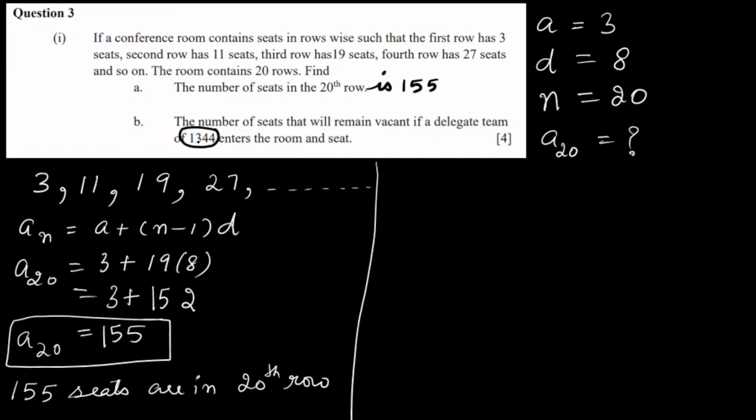In the first part, it was very direct: we had to find A20. In the second part, do we have to find S20, or is S20 given to us?